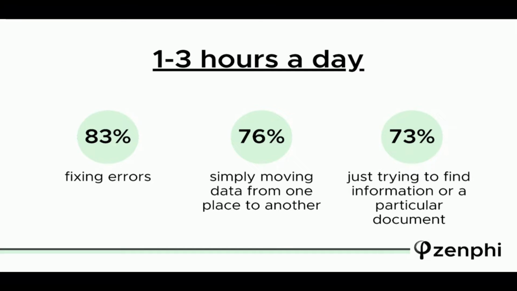According to Zapier research, they would spend from 1 to 3 hours on fixing errors, simply moving data from one place to another, and just trying to find information or a particular document. And yeah, I can really relate to those stats, because before automation, I can imagine spending lots and lots of time doing those things every day.